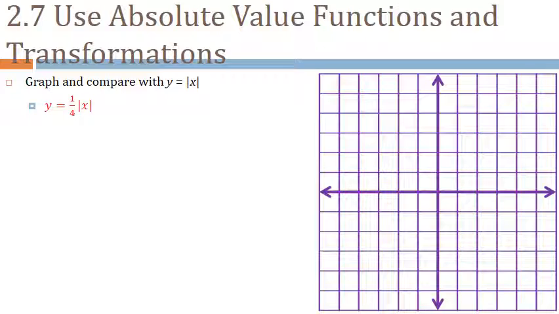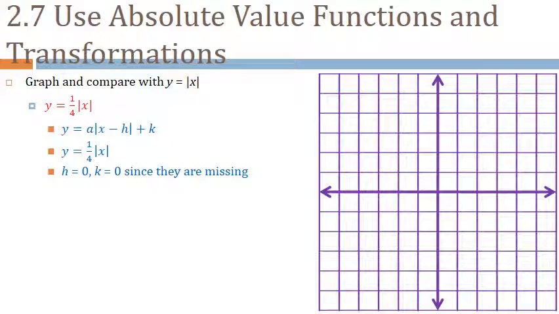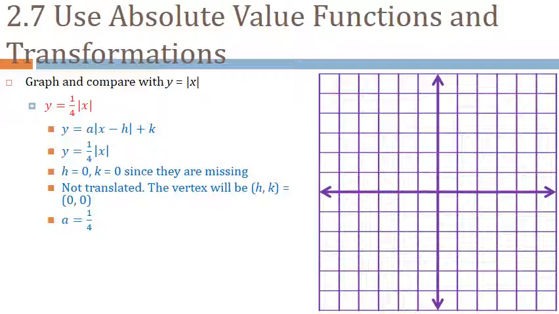Let's try another one. Y equals 1/4 the absolute value of x. If we compare with the general form, we can see that h and k are both 0. They're not there, so when you subtract or add and it doesn't do anything, then they're 0. So it's not translated, the vertex is still 0, 0. The a, however, is 1/4. That means it's 1/4 as high, so it looks like it's squashed down.